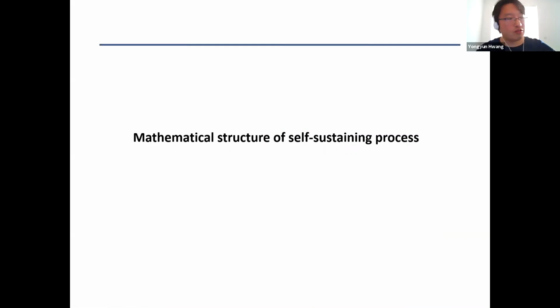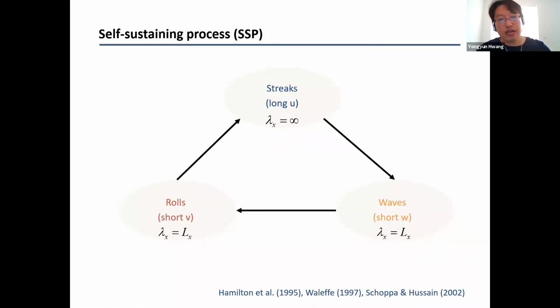This is something I'm going to tell you now, which is about the mathematical structure of the self-sustaining process. If you look at this process, you will see that streaks are typically elongated, and in a small box they are typically resolved by the streamwise-uniform Fourier mode, so lambda is equal to infinity.